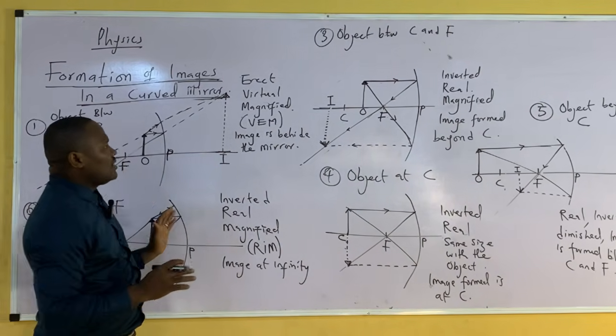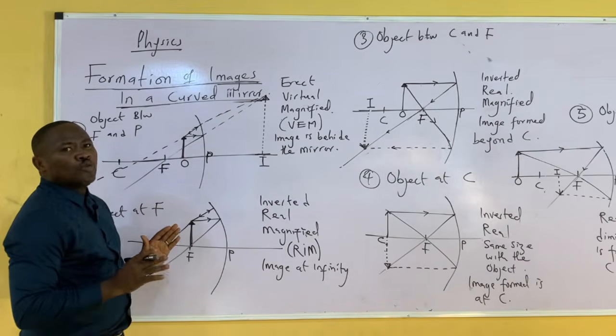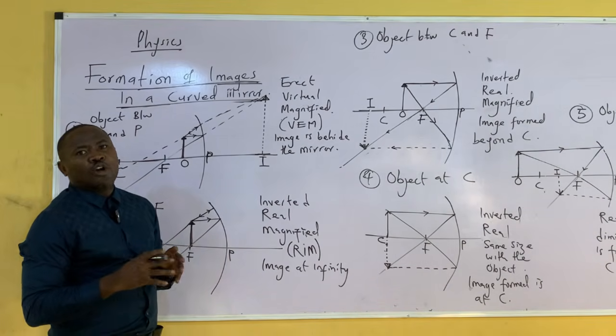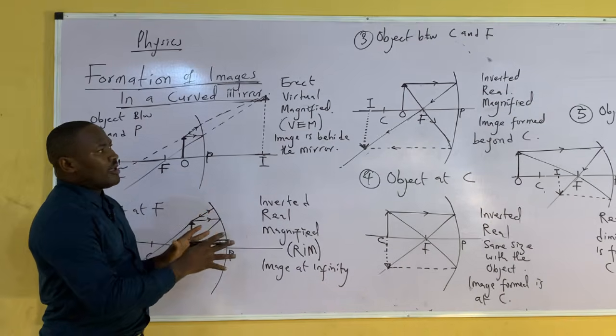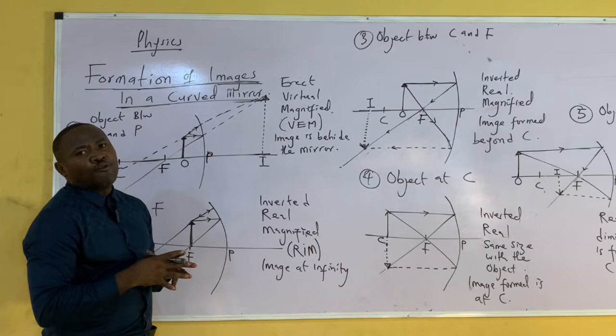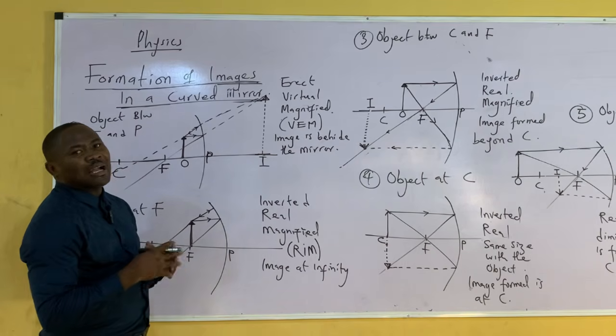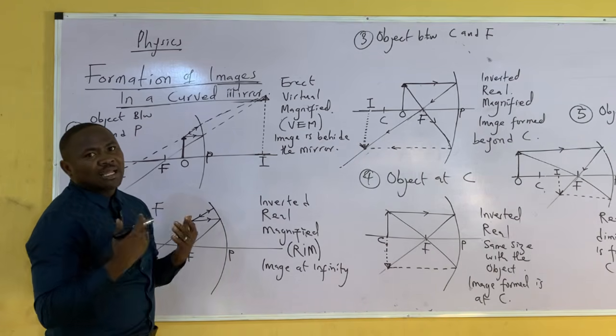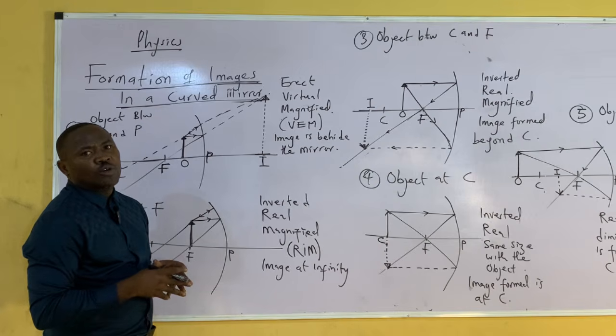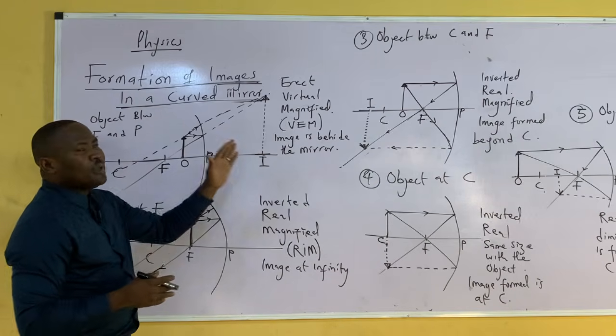Now, all of these cases help us to know the right calculation using a ray diagram for formation of image, because if I know this very well, when I calculate a question, I can tell if the answer is correct or not, because it will obey this principle.